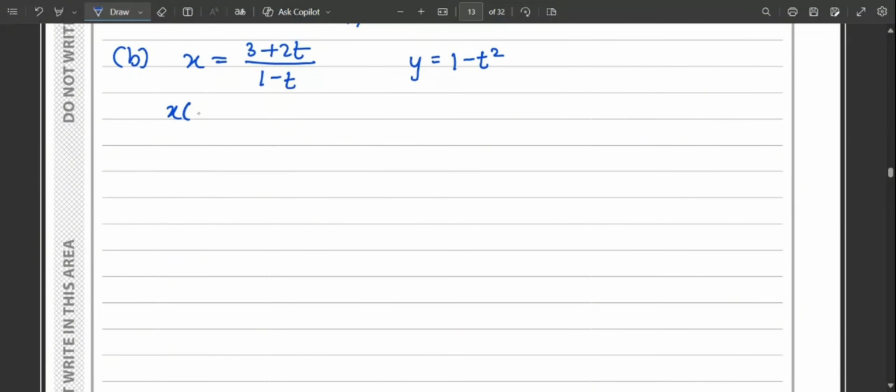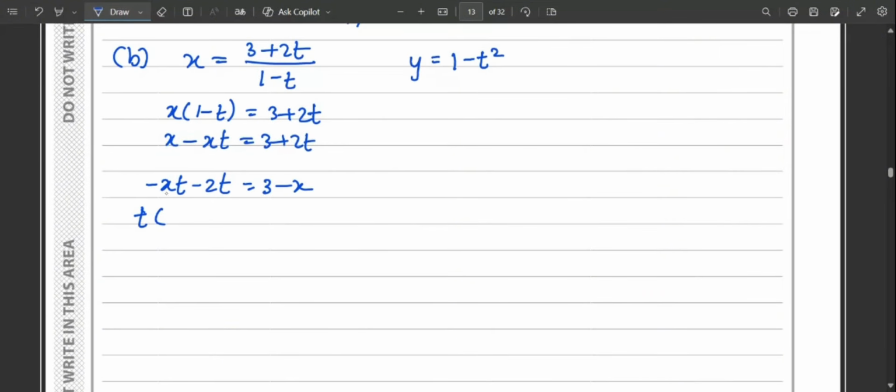So I can write x times (1 minus t) is equal to 3 plus 2t. So x minus xt will be equal to 3 plus 2t. Again, bringing all the t terms to one side will give us x minus 3 equals xt plus 2t.